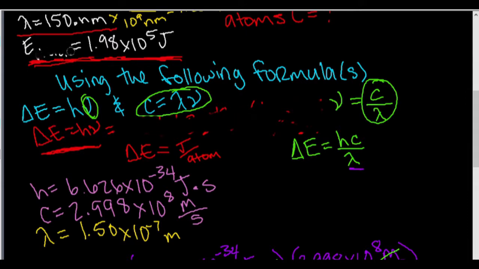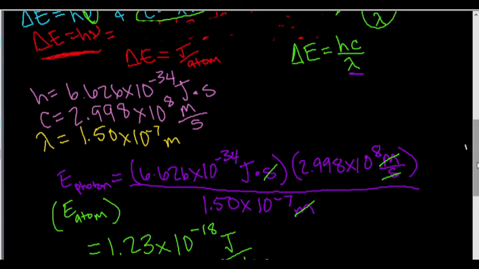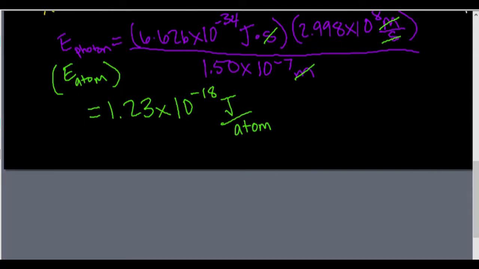Maybe just to make this less confusing, we'll just call this our overall energy instead of E photon. So energy is equal to that. That's overall, and we now have our energy per photon, or per atom, I'm sorry, which is the same thing as energy per photon.